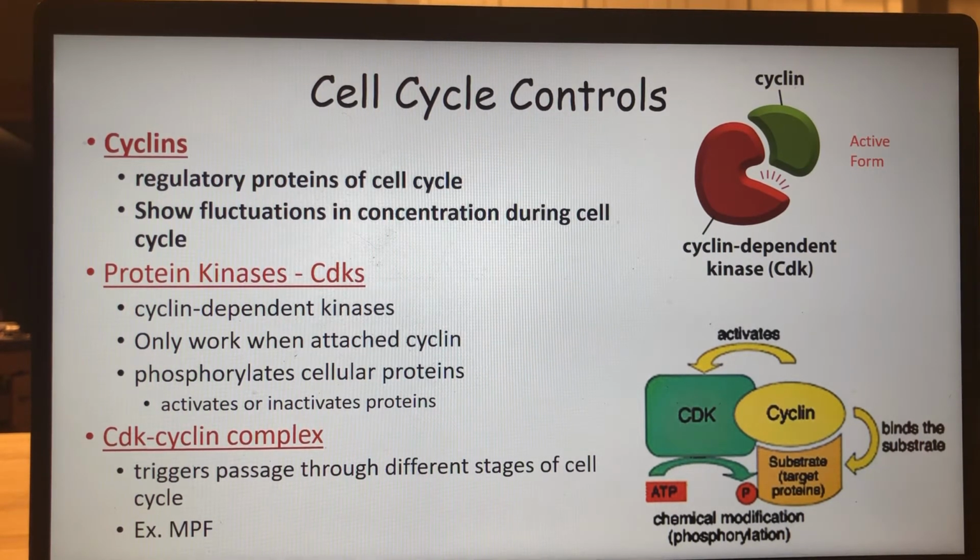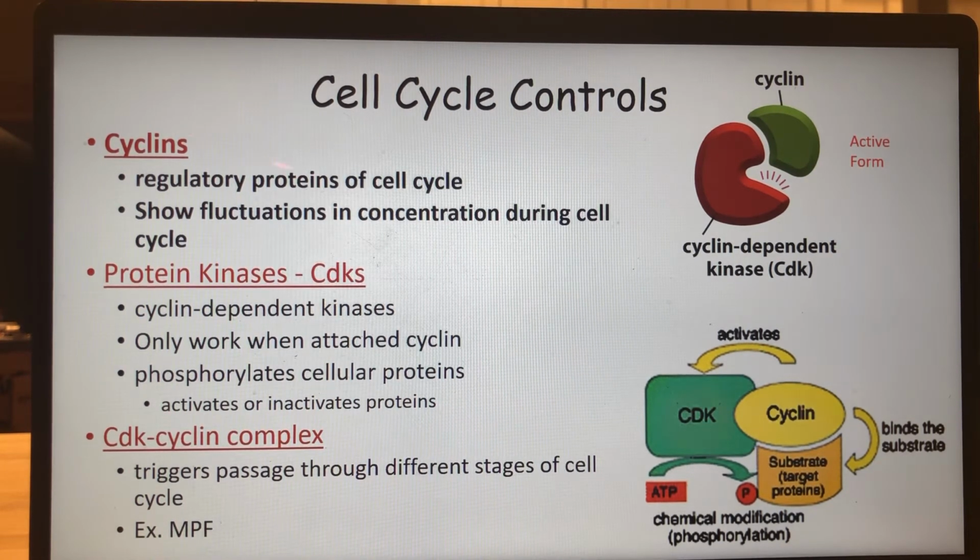Basically, these cyclins, the amount of cyclin, when that will go up and down, depending on what point in the cell cycle it's in. When the cyclin increases, it basically turns on this CDK. So what happens is the cyclin will bond with the CDKs, and that will activate this complex.